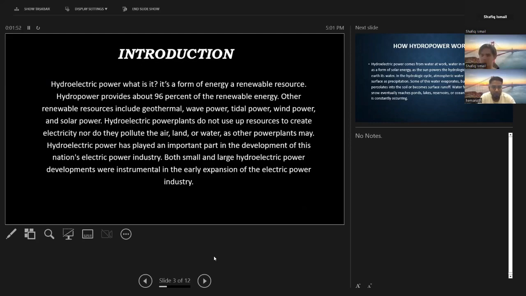Hydroelectric power does not create pollution of the air, land, or water. Hydroelectric power plays an important part in the development of the nation's electric power industry. Both small and large hydroelectric power is developed. We are instrumental in an early expansion of the electric power industry.